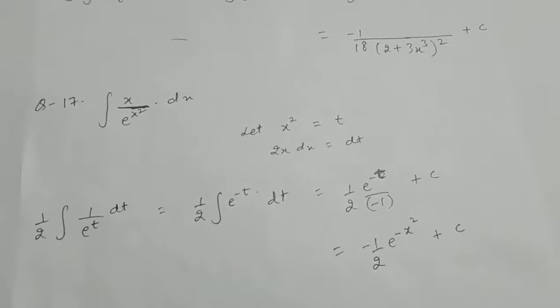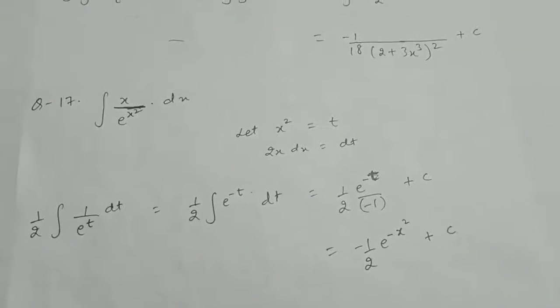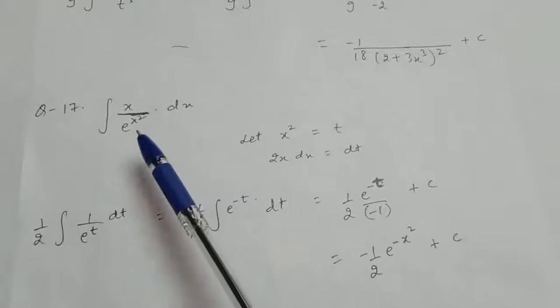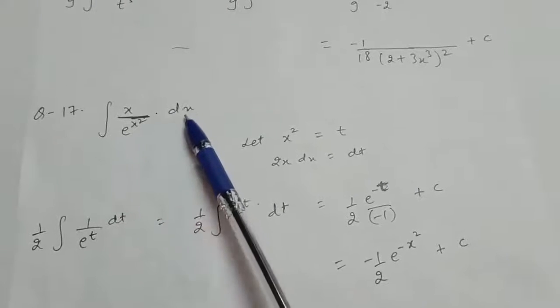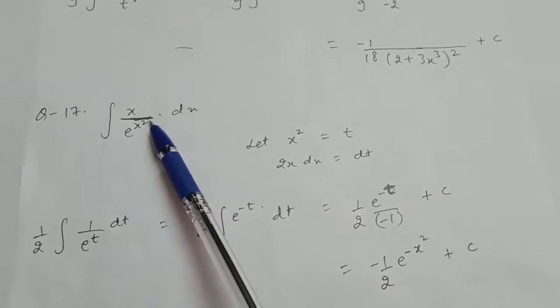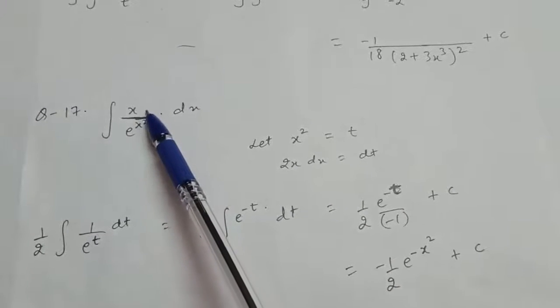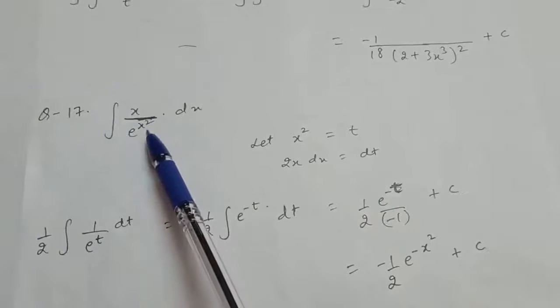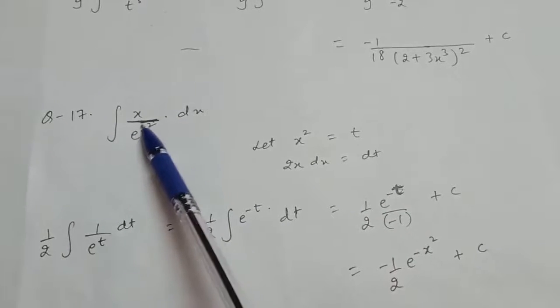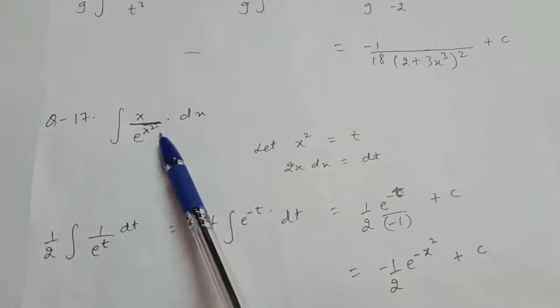Now question number 17 is integral of x by e raised to the power x square with respect to x. Now see, this is e raised to the power x square and in the denominator we have x. Also we know the derivative of x square is 2x, right?